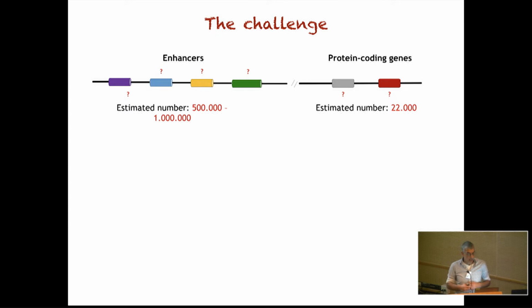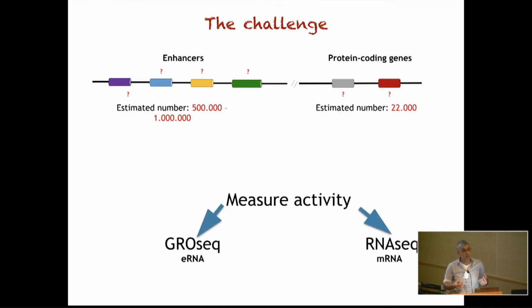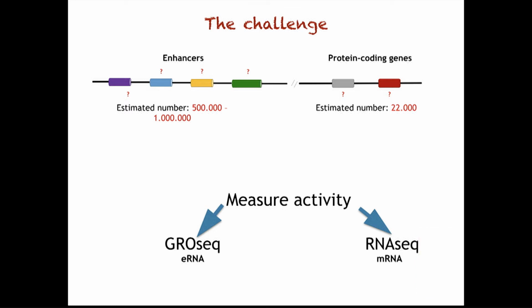As we heard before, we have about 22,000 protein coding genes in our genome, and enhancers, we have maybe 500,000 or more. So the challenge is, of course, to identify functions of these enhancers and correlate them with certain phenotypes. We can measure the activity of protein-coding genes and long non-coding RNAs by RNA sequencing.